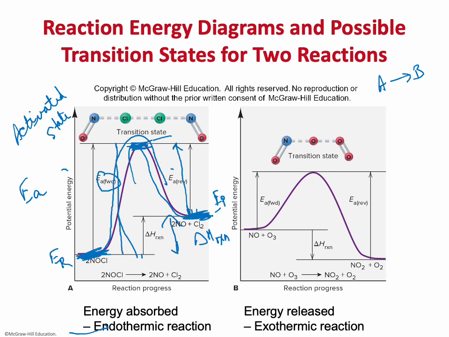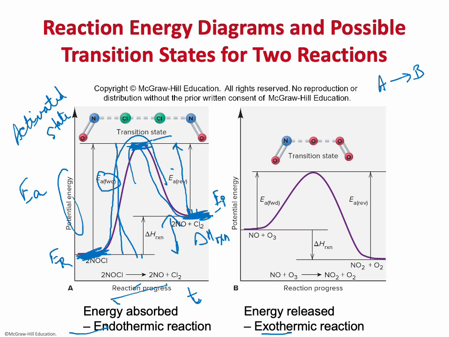This is potential energy on the y-axis and reaction progress on the x-axis. We can also use time on the x-axis. That would still give you the same graph. Even if the reaction is exothermic, we still need to reach an activated state.